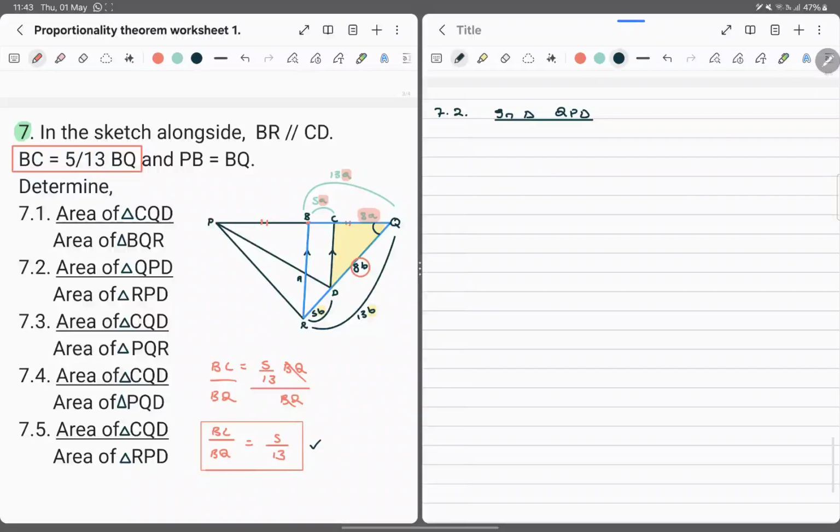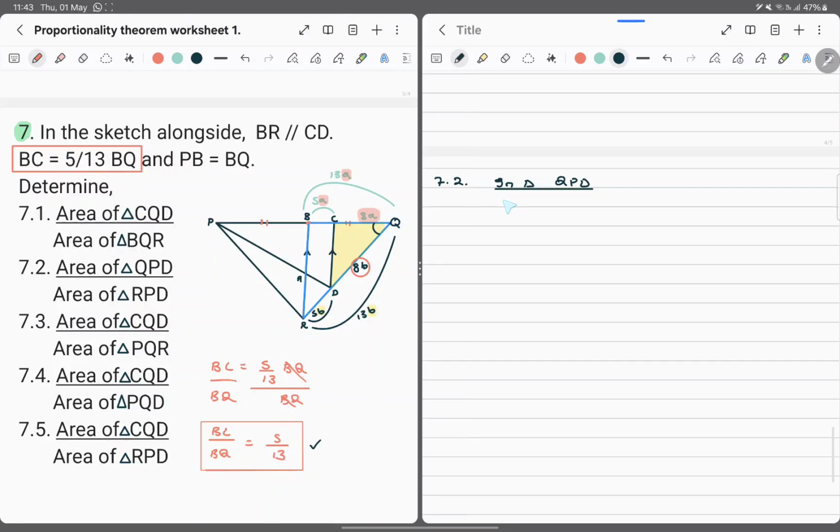Okay, so we know that essentially the angle PDQ is equal to 180 degrees minus angle PDR, or RDP, let's just say RDP. Why is that? These are angles on a straight line.